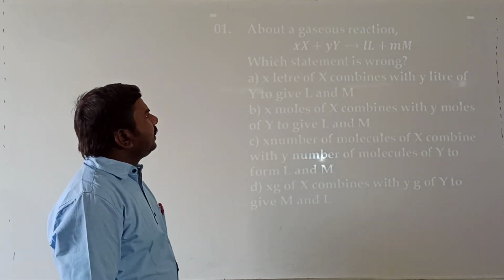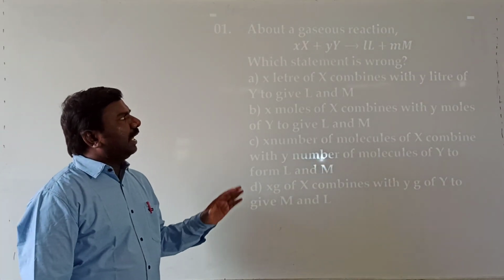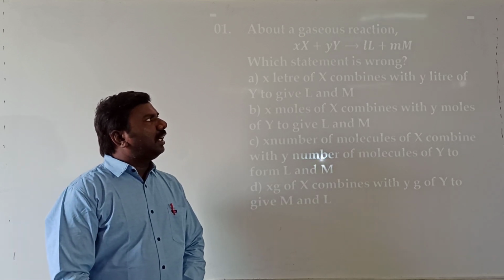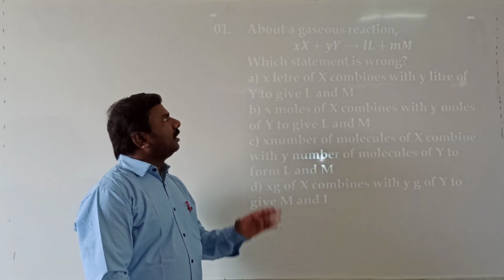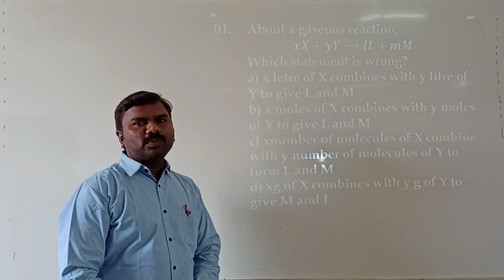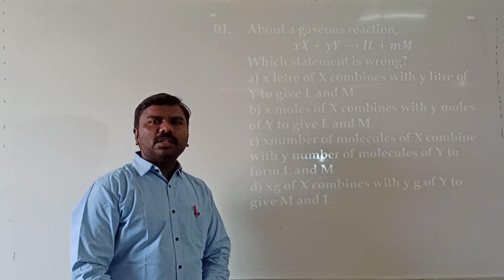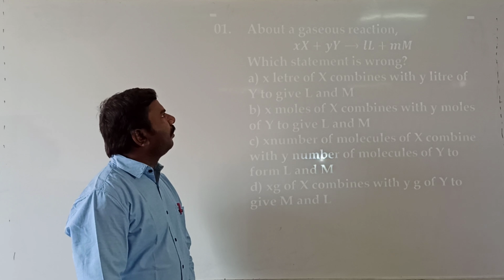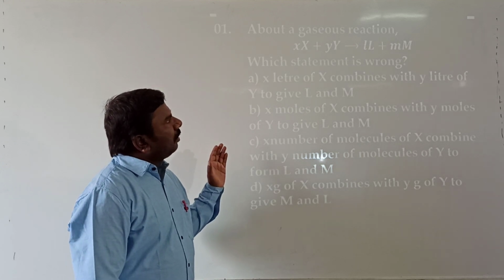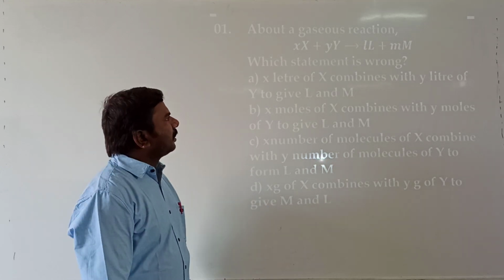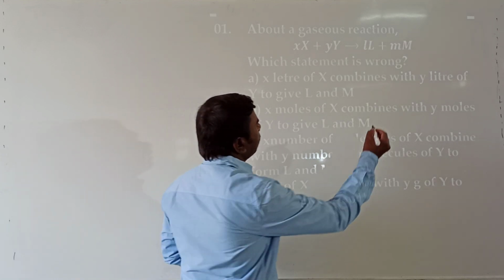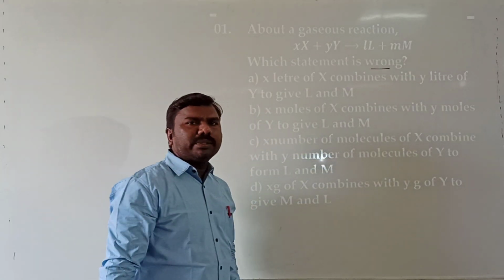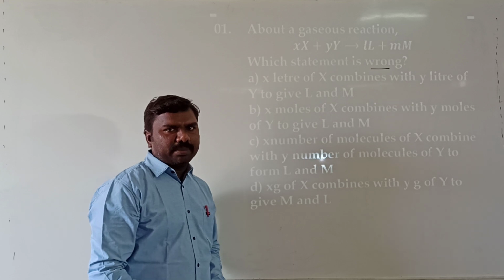A gaseous reaction: x X plus y Y gives l L plus m M. Small x, small y, small l, small m are the coefficients of reactants and products. Which statement is wrong? They are expecting the wrong statement, not the right statement.